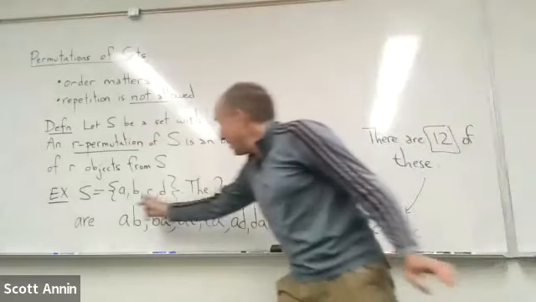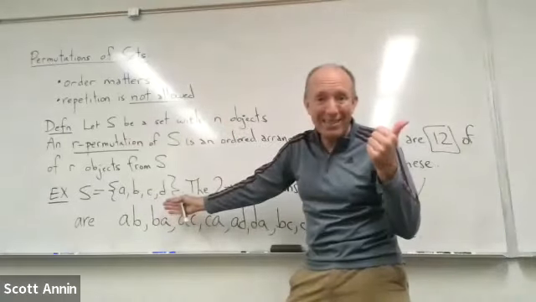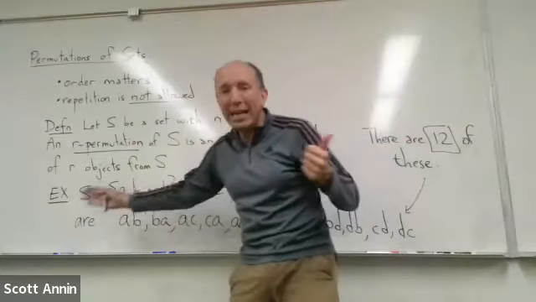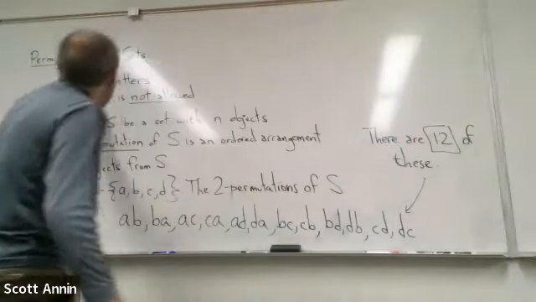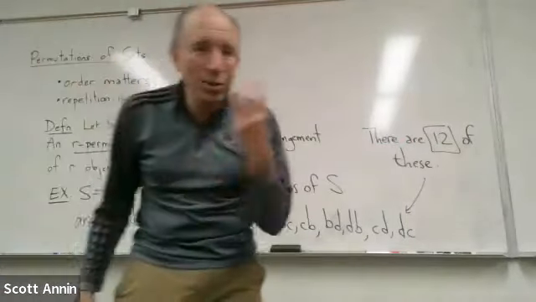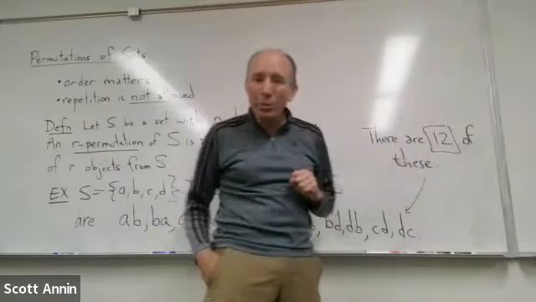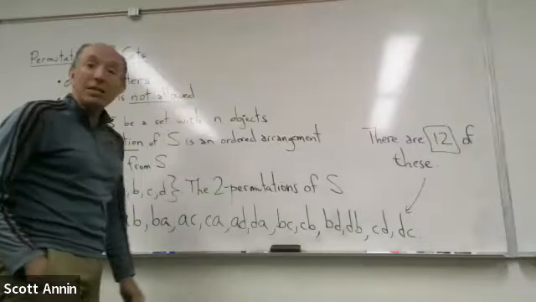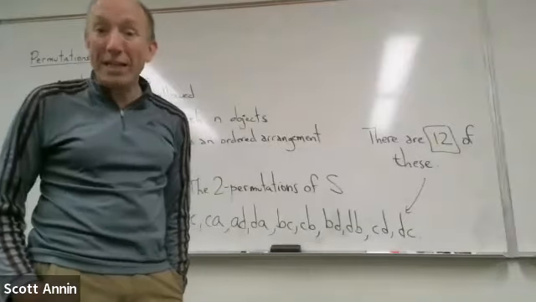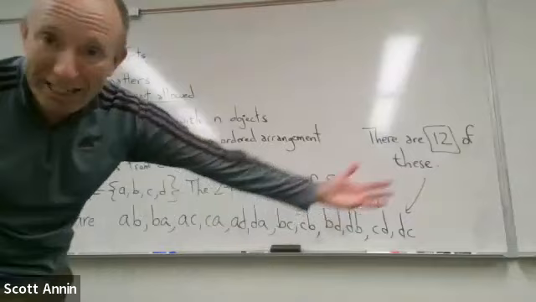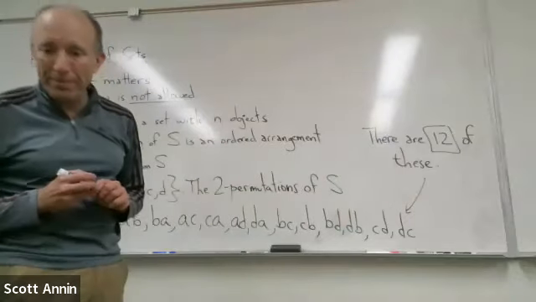I've got 4 choices for choosing the first letter. And then when I want to choose the second letter, because I'm not allowing repeats, the second letter has only 3 remaining possible choices. 4 times 3, that's the multiplication principle, and it gives me 12 possible arrangements. And I've actually written them all down here in this solution, okay?